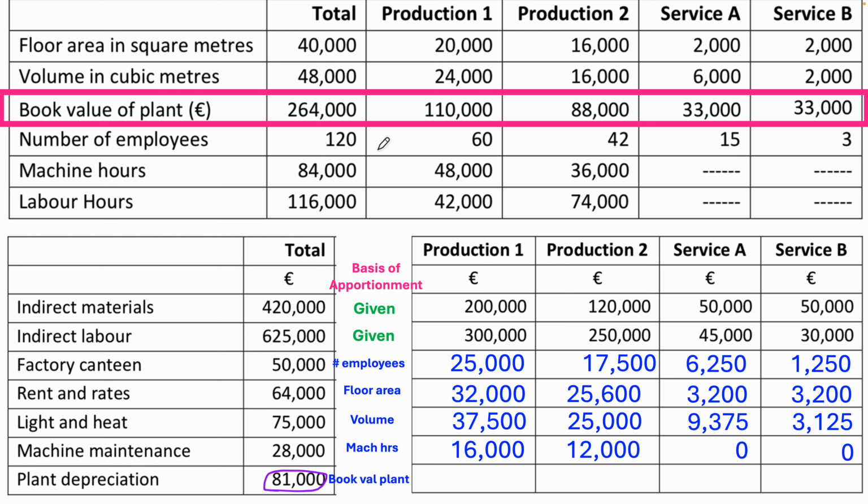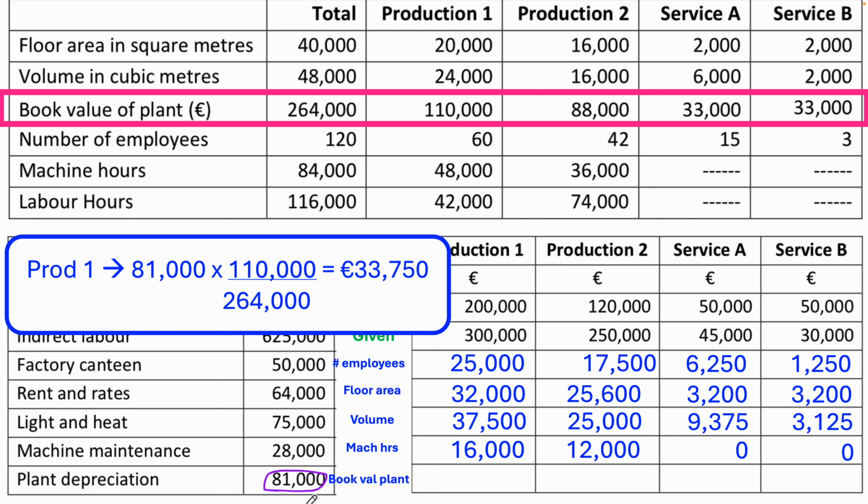We've got 264 total, 110,000 of that is in production 1, 88,000 is in production 2, 33,000 is in service A, 33,000 is service B. So 81,000 multiplied by 110 over 264 is 33,750, and then 81,000 multiplied by 88 over 264 is 27,000, and then 81,000 multiplied by 33 over 264 is 10,125, for both service A and service B. So we have now got our table done.